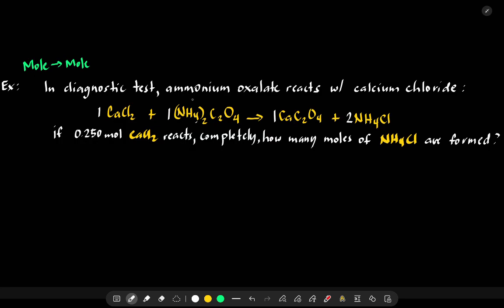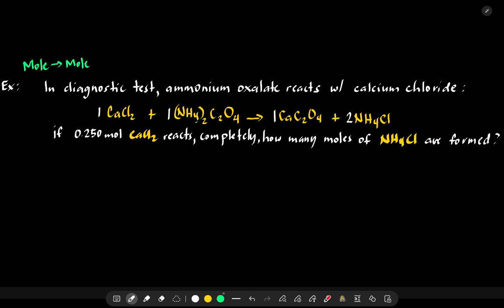Ang involved sa problem is calcium chloride. Sabi daw dito, if 0.250 mole of calcium chloride reacts completely, how many moles of ammonium chloride are formed?